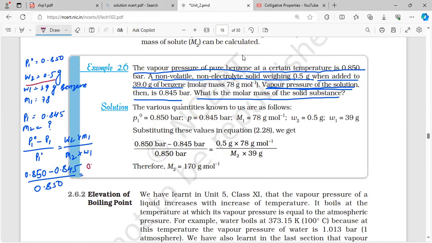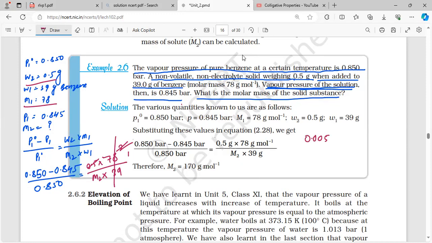This is the 0.5, multiplied by M1, which is 78, the molar mass of benzene, divided by M2, which they are asking, multiplied by W1, which is 39. You can divide, this is going to be 2 times, and then you multiply, this is going to be 1. If you are subtracting this one, it will be 0.005.